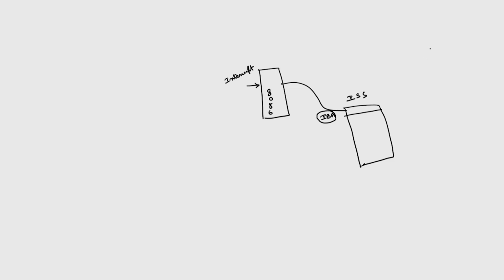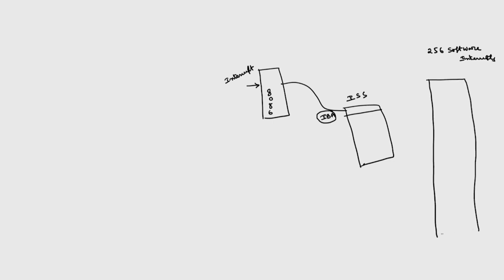We know that in case of 8086 we have 256 software interrupts, type 0 to type 255. Each will take 4 locations.